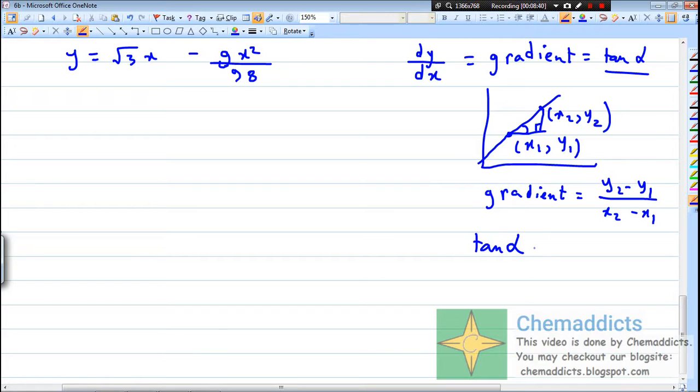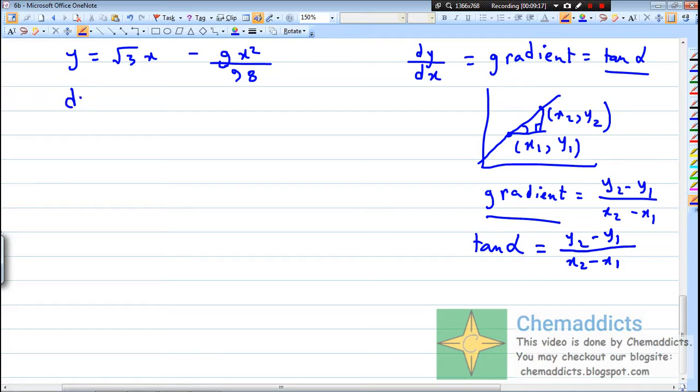So tan alpha is y2 minus y1 divided by x2 minus x1, which is, in other words, the gradient. That is why we are finding dy by dx, since this also means the change in y divided by change in x. I hope that you have understood by now why we are able to differentiate this thing.